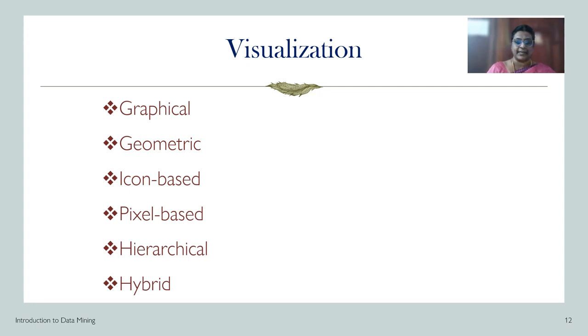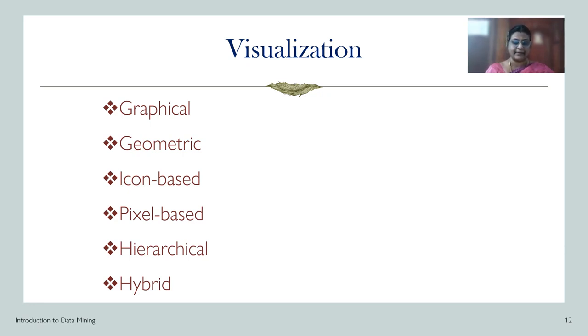Second, geometric, which includes box plots and scatter diagrams, could be used to present the derived information. And icon based, using figures, colors or other icons, can improve the presentation of the result.